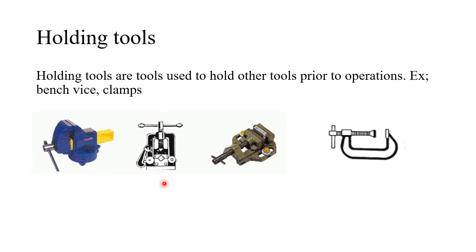And we have another bench vice, which is sometimes fixed on a machine like a drilling machine, where it is used to fix the piece on which we are going to operate.